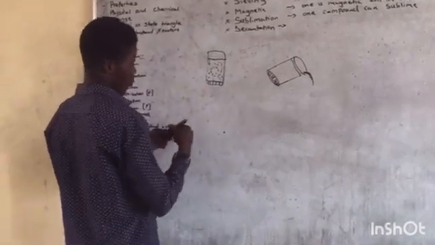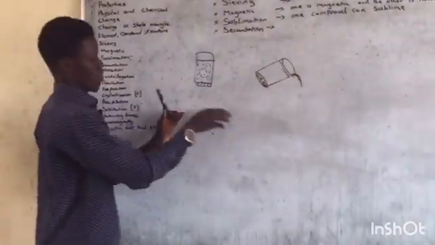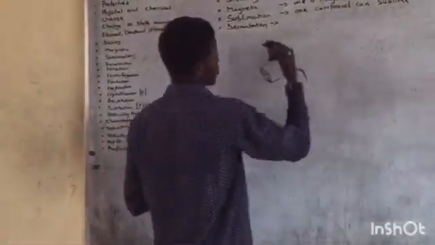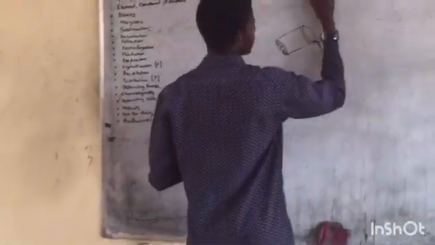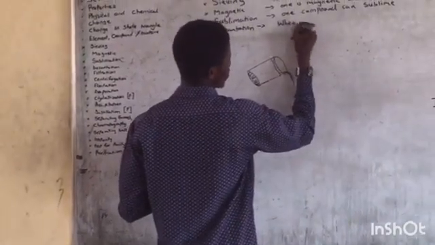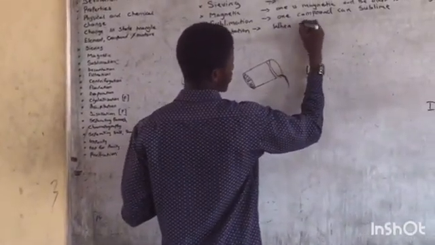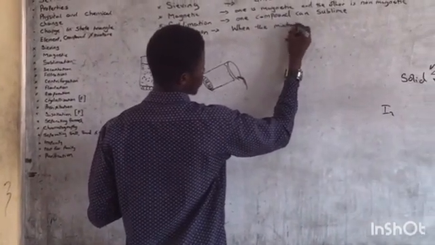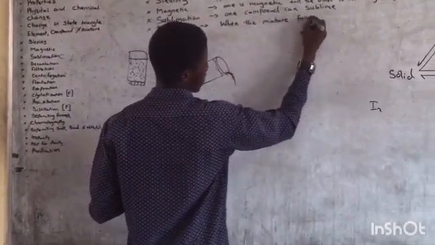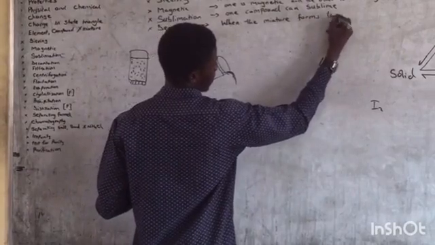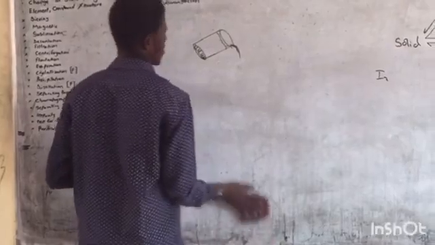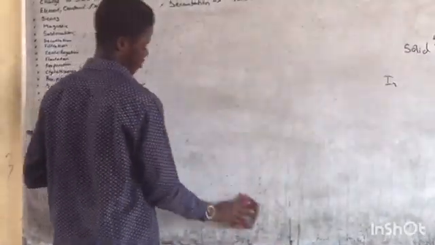If it forms layers, you can easily remove the ones on the top and leave the ones on the bottom, right? So that's decantation. So when the mixture forms layers, you can use decantation for it.